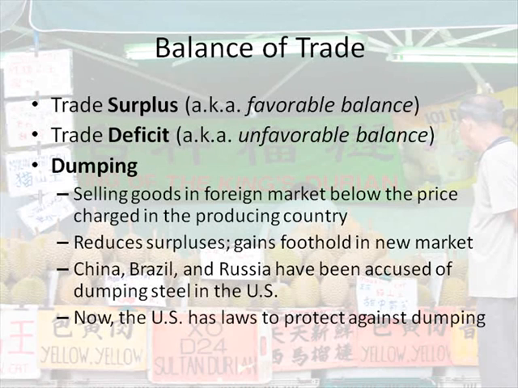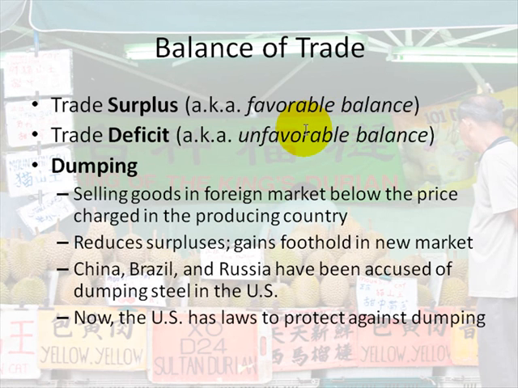And when you talk about exporting and importing, there comes the concept of balance of trade. Remember, terms in bold are things that you should definitely be aware of. A trade surplus is also known as a favorable balance of trade. And that simply means you're trading out more stuff than you're buying in.